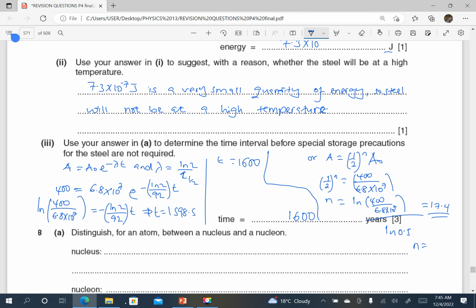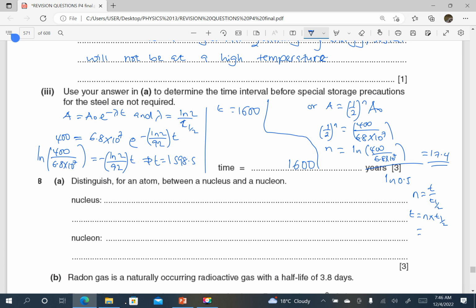But remember, n was the number of half-lives, and number of half-lives is the time over T a half. So I want t, so t will be n times the half-life. So I multiply n times the half-life, which is 92 years, and I get the same thing, approximately 1,600 years. That is another method that you can think about.